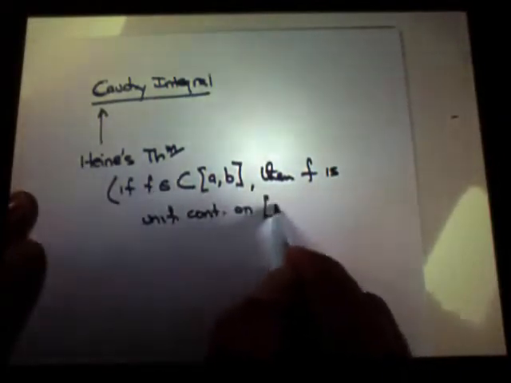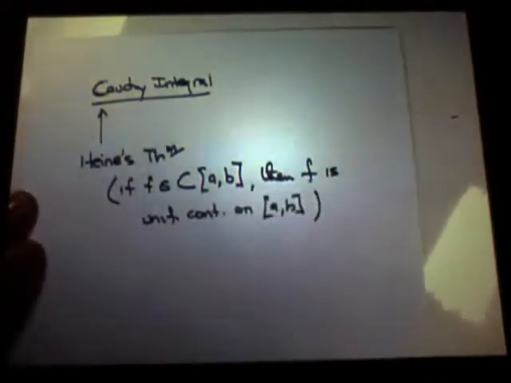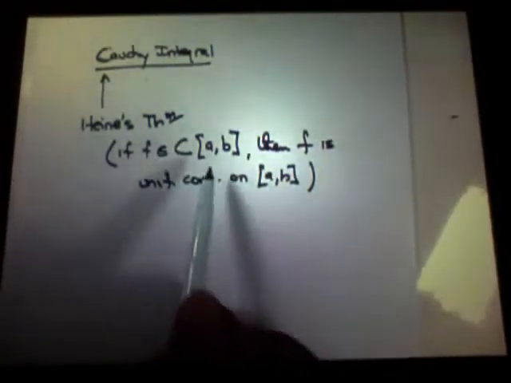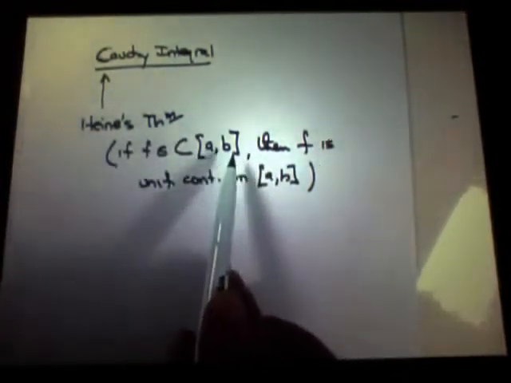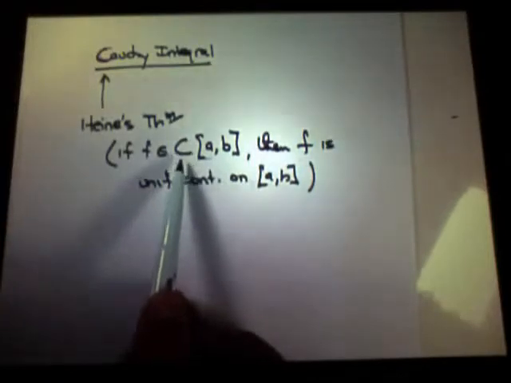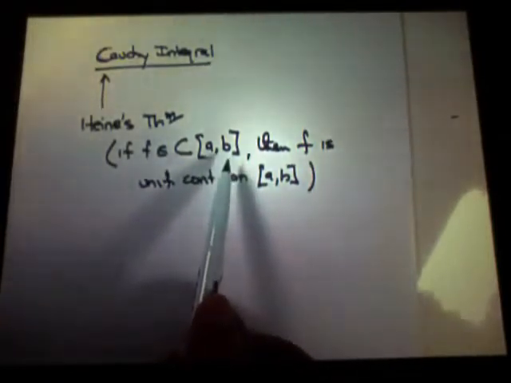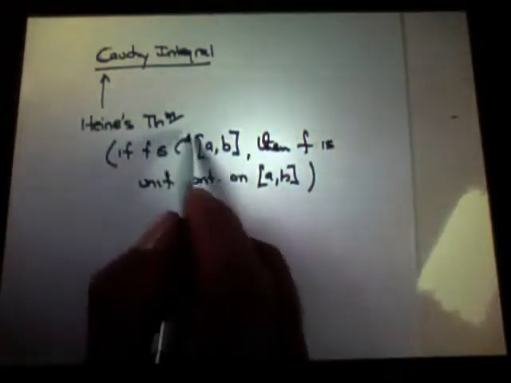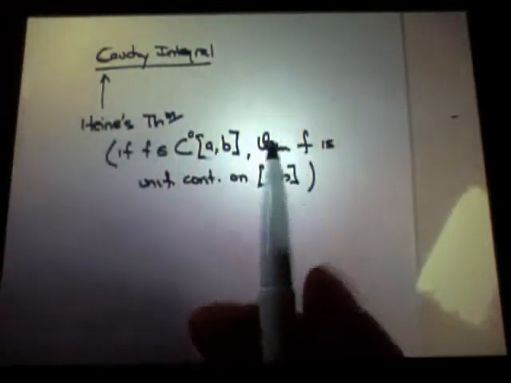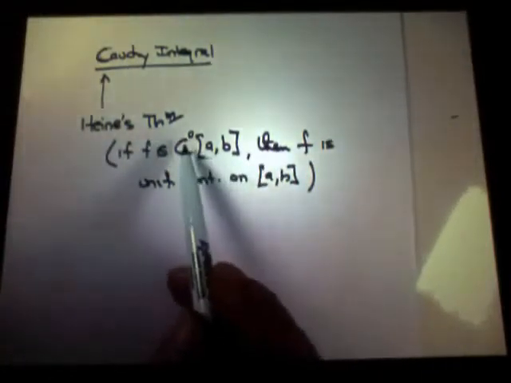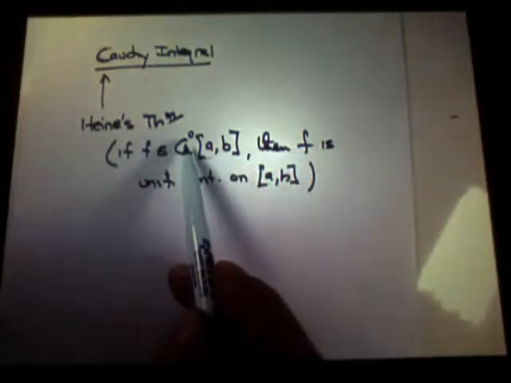on [a, b]. If any of this notation is unfamiliar to you, C with the closed interval means it's a continuous function on [a, b]. Sometimes people will write this C0. That refers to the order of derivative that is continuous.